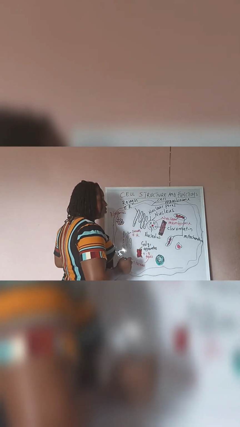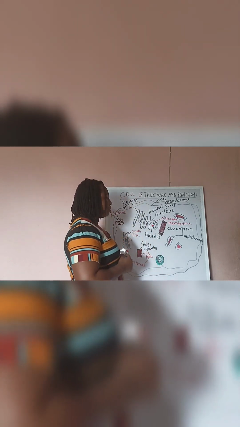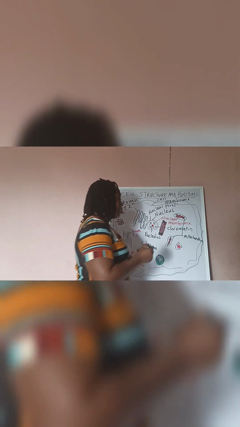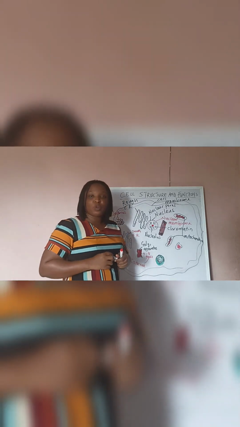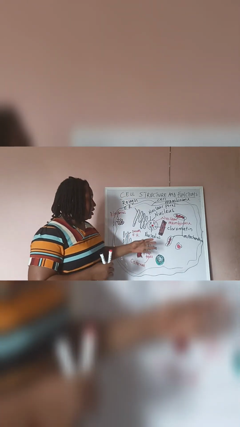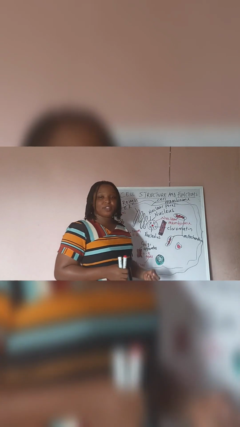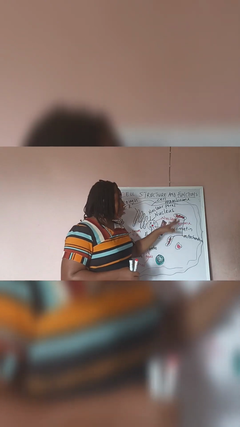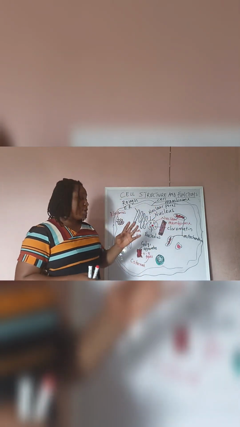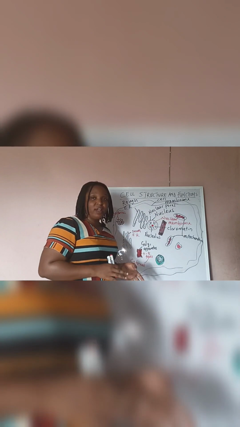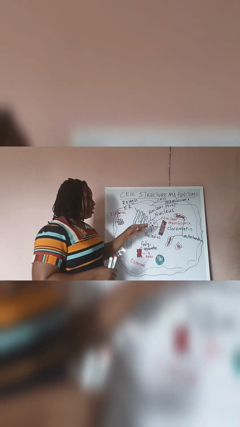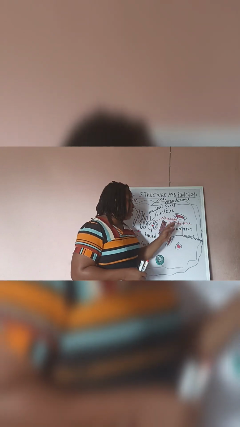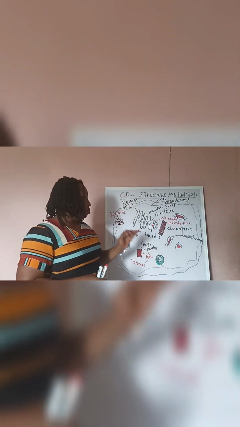The singular is mitochondrion, but these are two, so they are mitochondria. We can see they are important organelles in the cell. Their shape is either oval or rod, and they are double membrane bound.